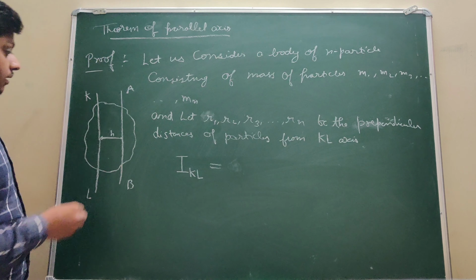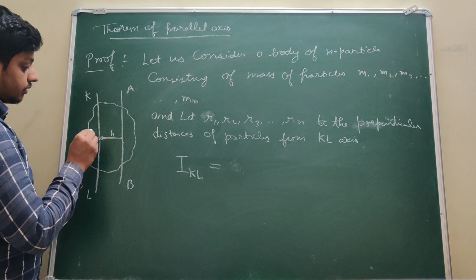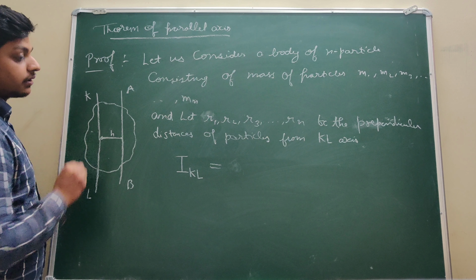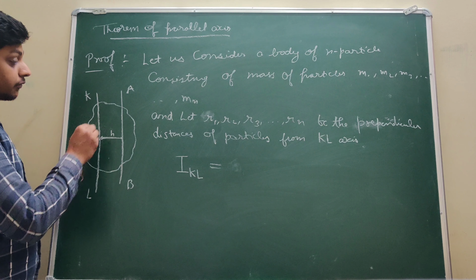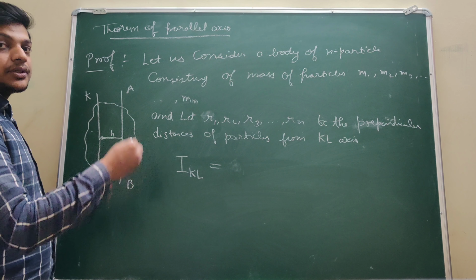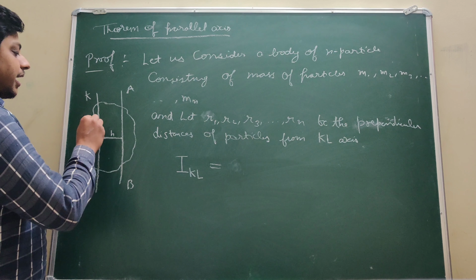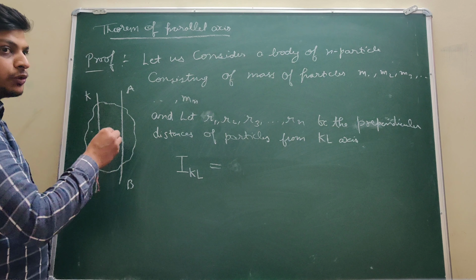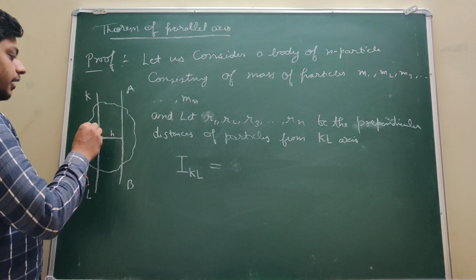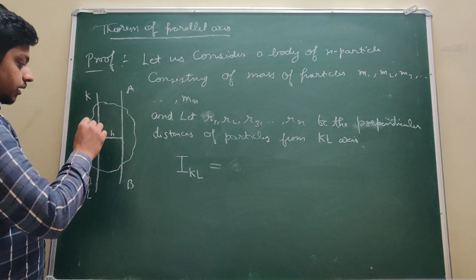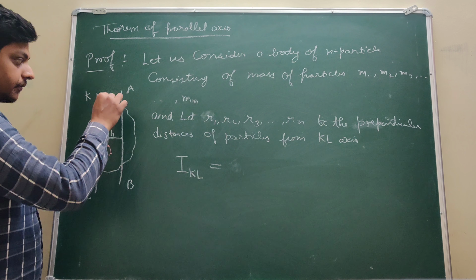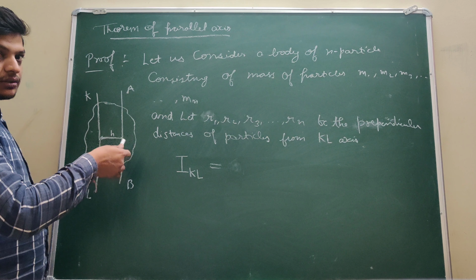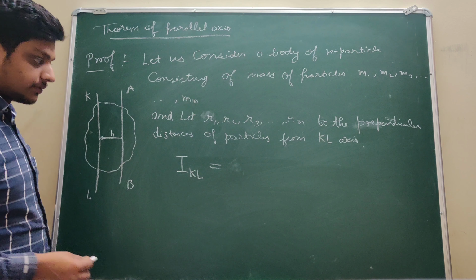See, if there is a particle m1 and its distance from the KL axis is r1, then the moment of inertia of that particle from this axis will be m1 r1 square, and for mass m2 the moment of inertia is m2 r2 square. For the whole body, the moment of inertia is the summation of the moments of inertia of each particle from this axis.